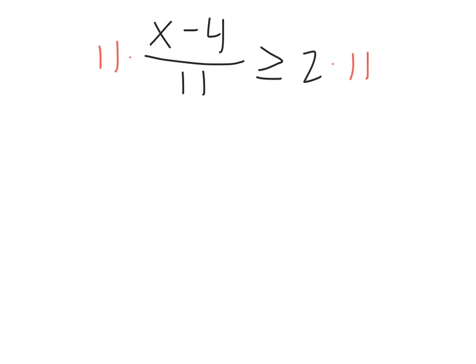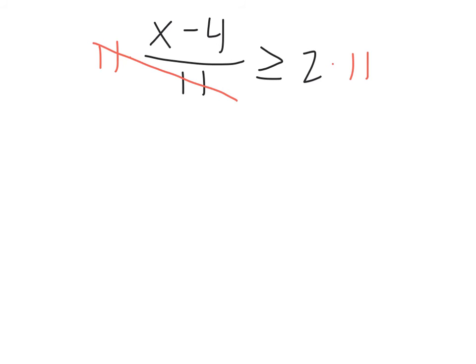The 11 and the 11 cancel each other out. I still have a lot of people who will try to multiply x minus 4 by 11. If you're multiplying by a number and dividing by that same number on the same side, they end up canceling each other out. You need to remember that.